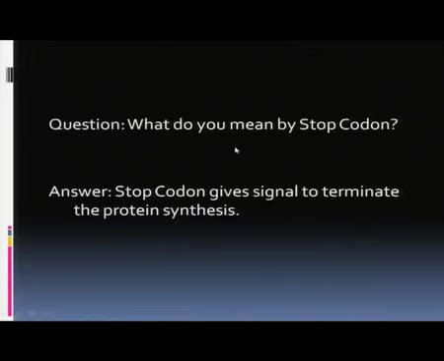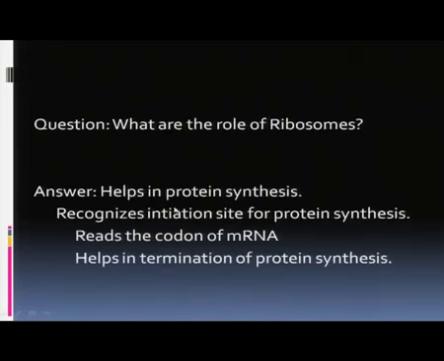As we know, there are 3 stop codons, UAG, UGA and UAA. Stop codon gives signal to terminate the protein synthesis. When the protein synthesis has started, how is it terminated? So, in that termination the stop codon helps.